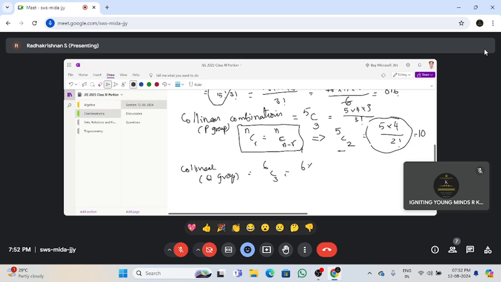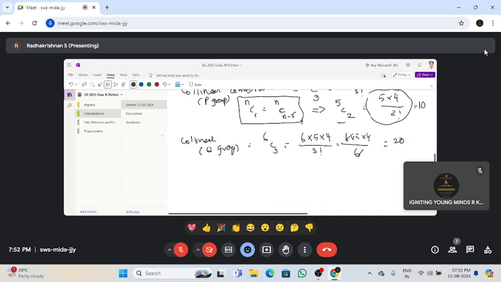So you have to write 6 into 5 into 4, 3 times, and then put 3 factorial at the bottom. 3 factorial is 6, 1 into 2 into 3. So that is 5 into 4, 20.